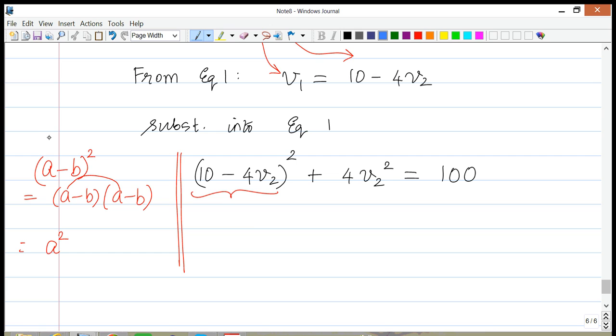Then you do a times minus b, and that gives you minus ab. Then you do minus b times a, and that gives you minus ba. And lastly, you do minus b times minus b, and that gives you plus b squared. When you combine all this together, you end up getting a squared minus 2ab plus b squared.